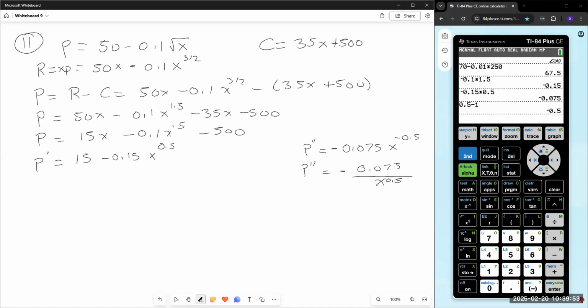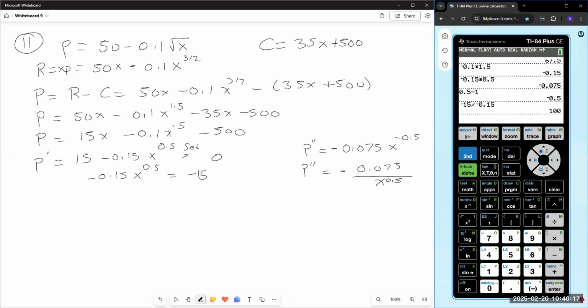So when we set P prime equal to 0, we have negative 0.15 x to the 0.5 is equal to negative 15. So negative 15 divided by negative 0.15 is 100.